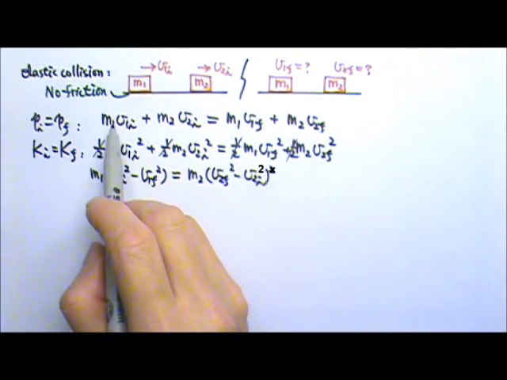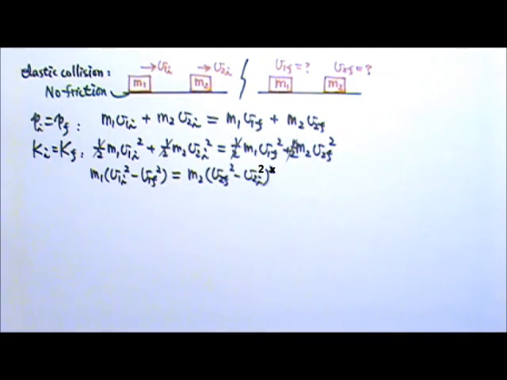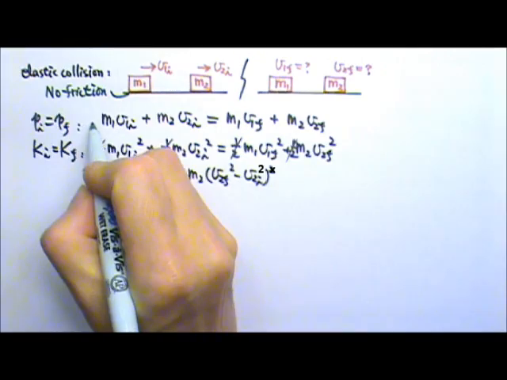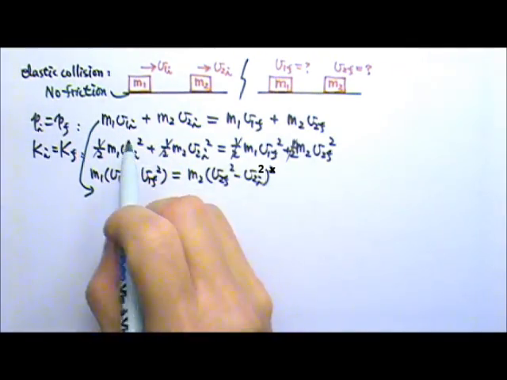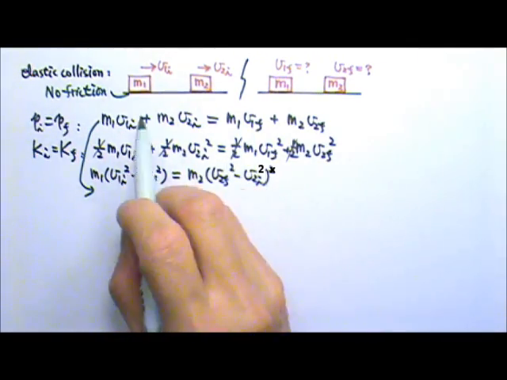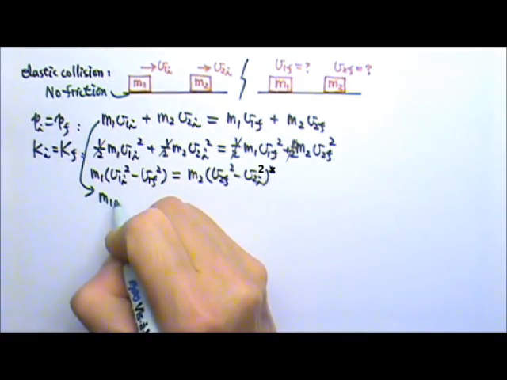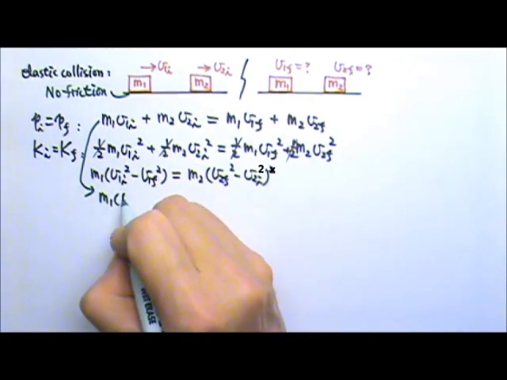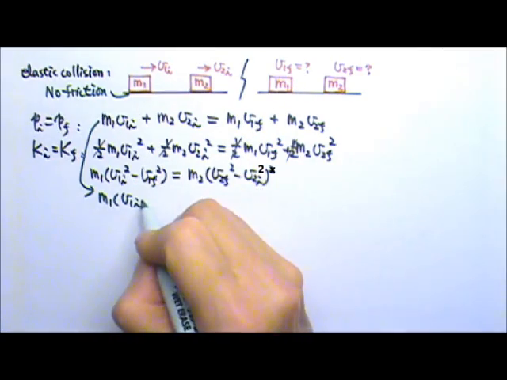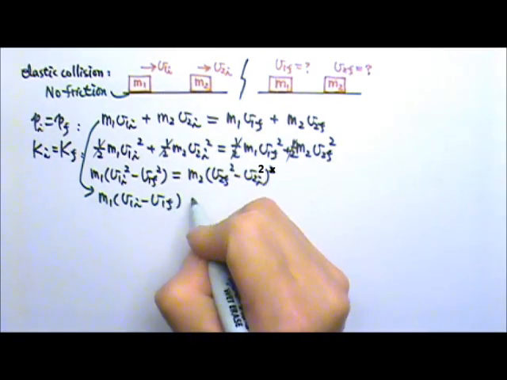And I'm going to do the same thing to this momentum equation. I'm going to move the m1 term to the left side, so m1 is factored out, and there will be v1i minus v1f.